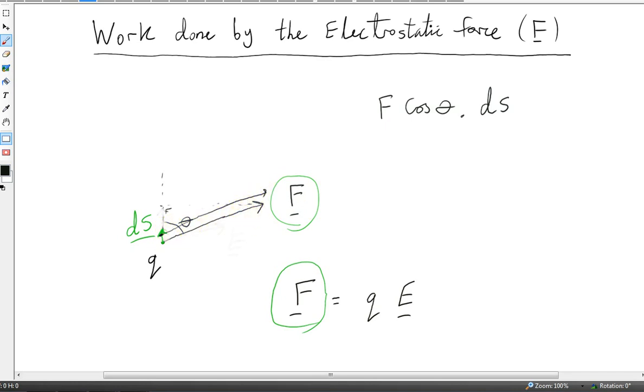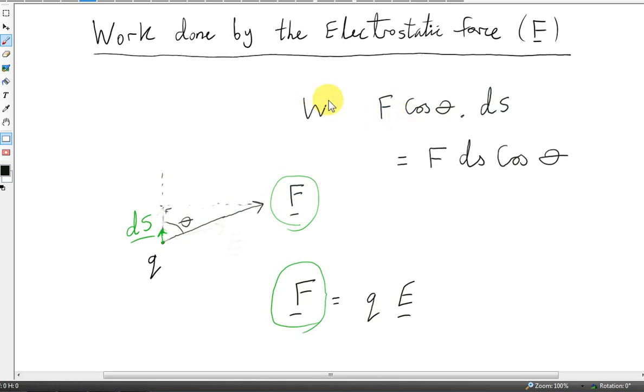These two vectors must be the same. That's important, so we have to make sure that ds is small enough for that condition to hold. So we have a constant force F cos theta acting as the charge Q moves from here to here. F without the underline is the magnitude of vector F.